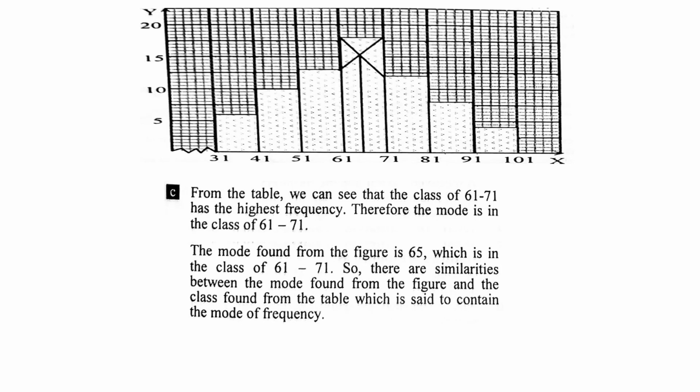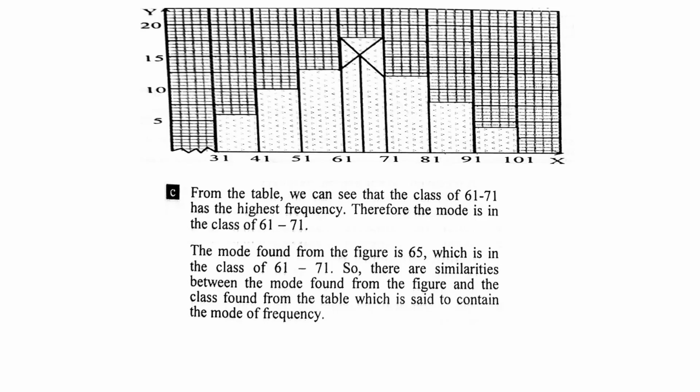The mode found from the figure is 65, which is in the class of 61 to 71. So there are similarities between the mode found from the figure and the class found from the table, which is said to contain the mode of frequency. So this is the solution of the first creative question.